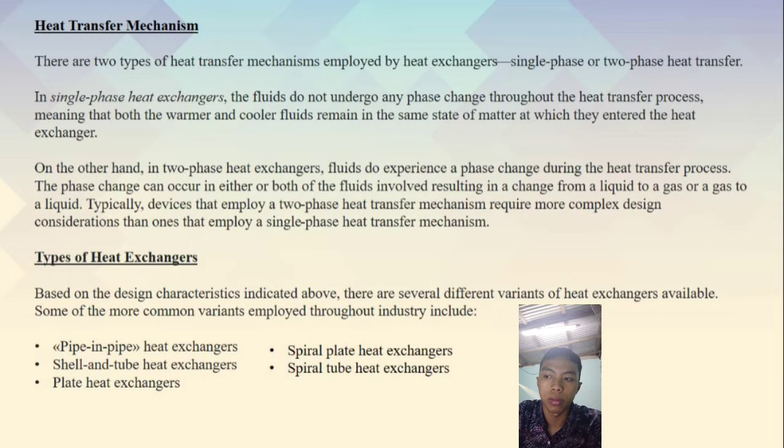Some of the more common variants employed throughout industry include: first, pipe-in-pipe heat exchangers; second, shell and tube heat exchangers; third, plate heat exchangers. Next is spiral plate heat exchangers, and lastly spiral tube heat exchangers.